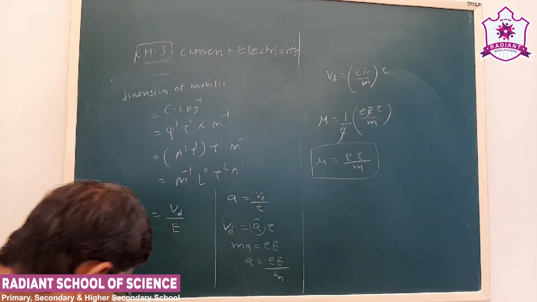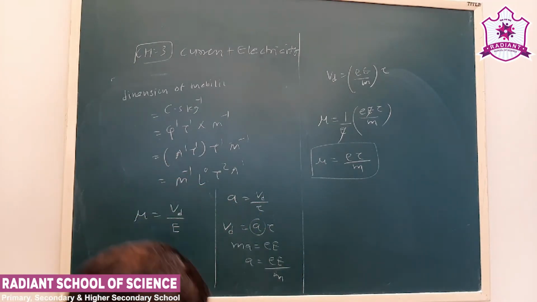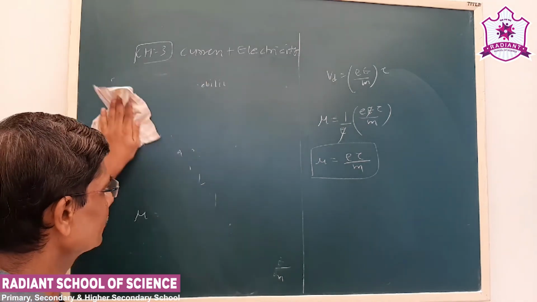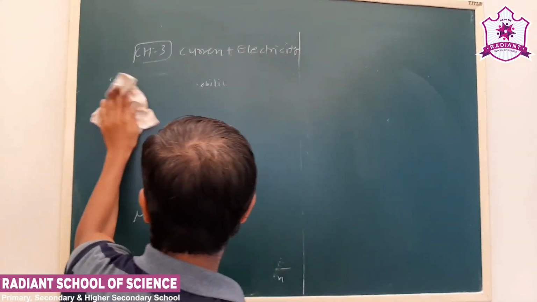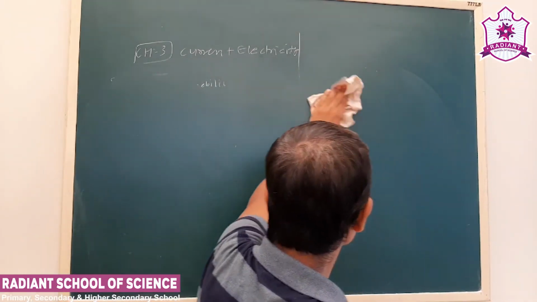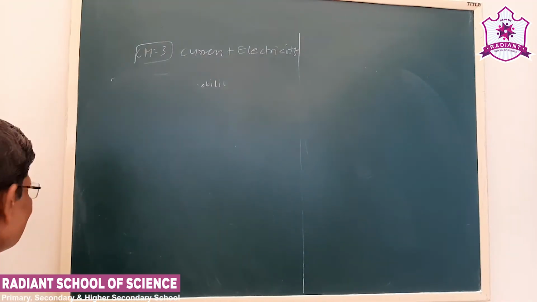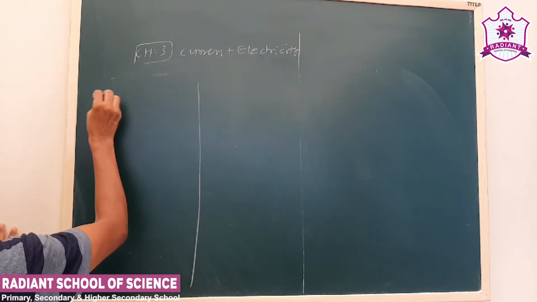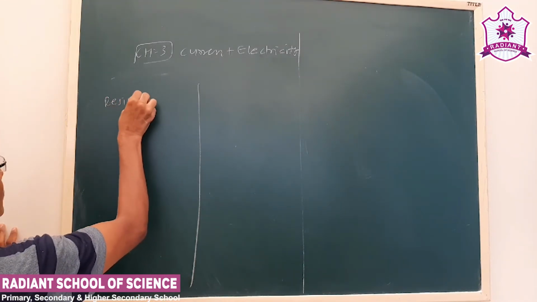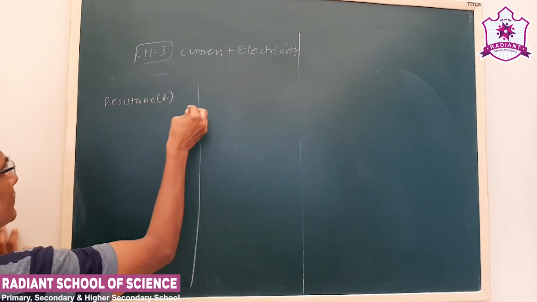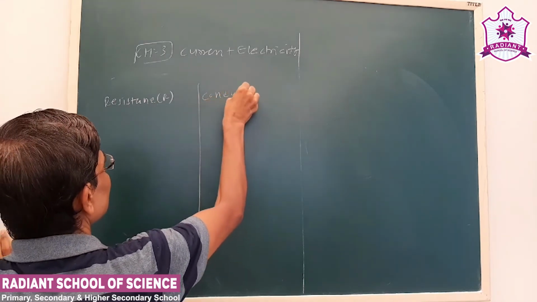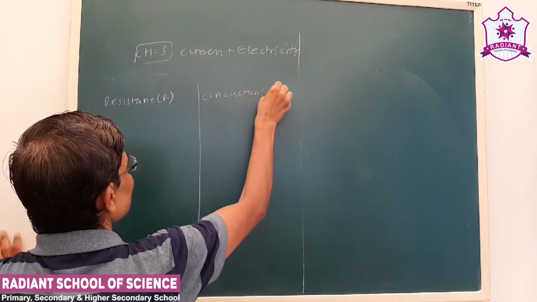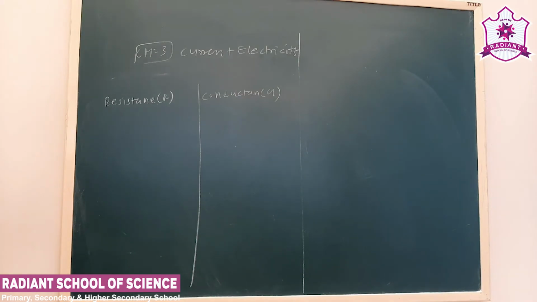Now, as I told, we have come across four major quantities: resistance, denoted as R, conductance, G. Okay, unit and dimension.